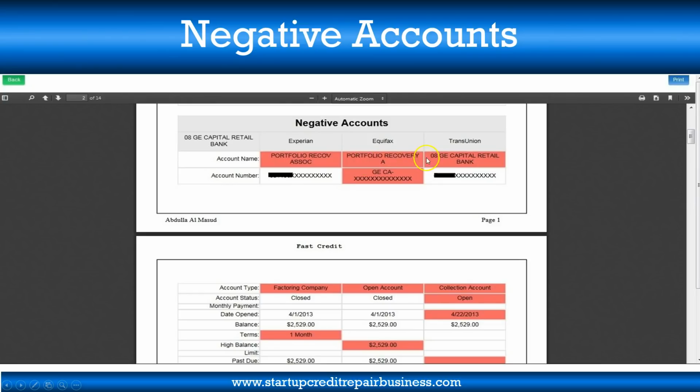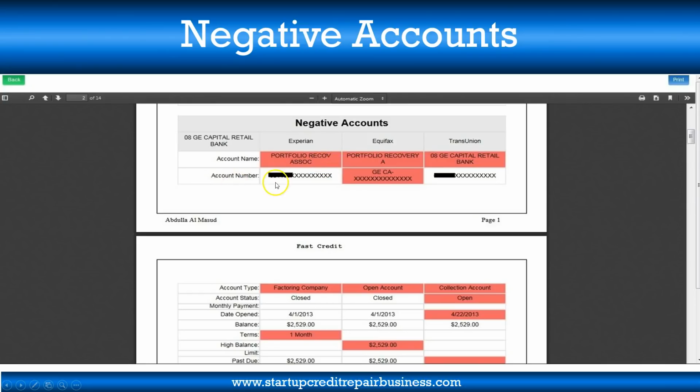So all three of these are inconsistent. Experian is reporting one way, Equifax is reporting one way, and TransUnion is reporting one way. So all three of them are inconsistent. All three of these account names are supposed to be reported 100% accurate and not inconsistent. So I would dispute based on that.